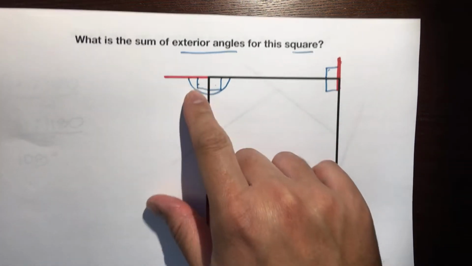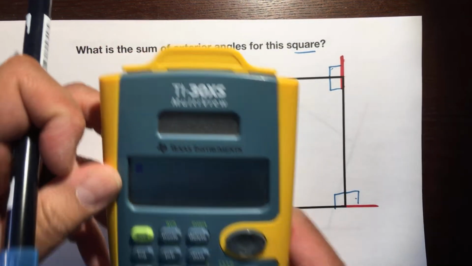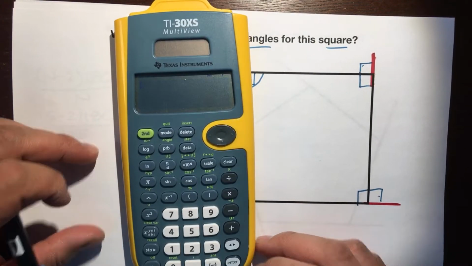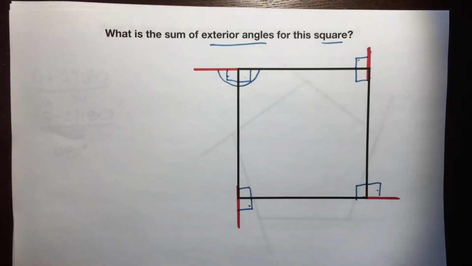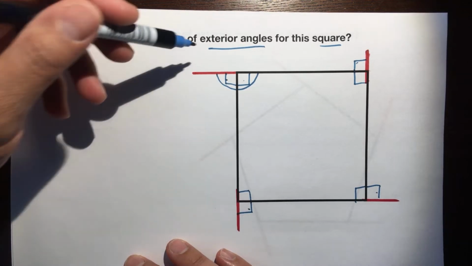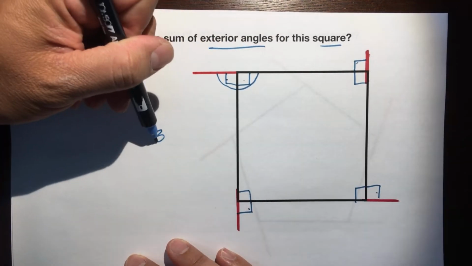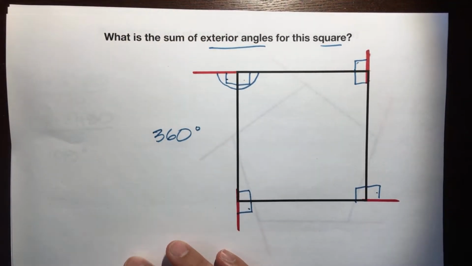So what is the sum of all 4 of these angles, you ask? Well, let's take our calculators. 90 times 4 is 360 degrees. So our answer, the sum of exterior angles, is 360 degrees.